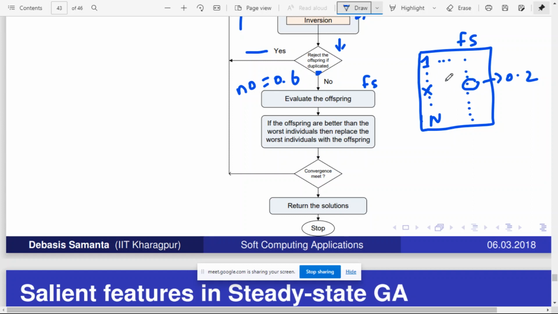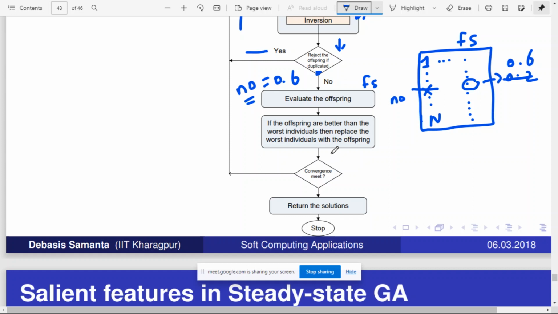Now the worst individual's fitness score is 0.2 and the new offspring's fitness score is 0.6. So this new offspring will replace the worst individual. Worst individual is what? X. So X will be replaced with NO and its fitness score will be updated with 0.6. So this is what we do.